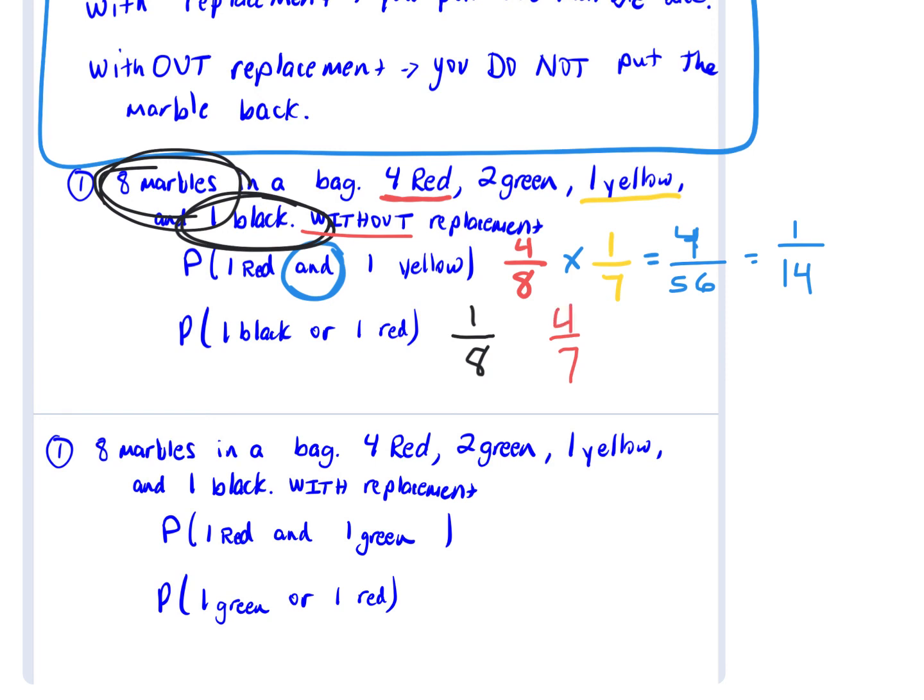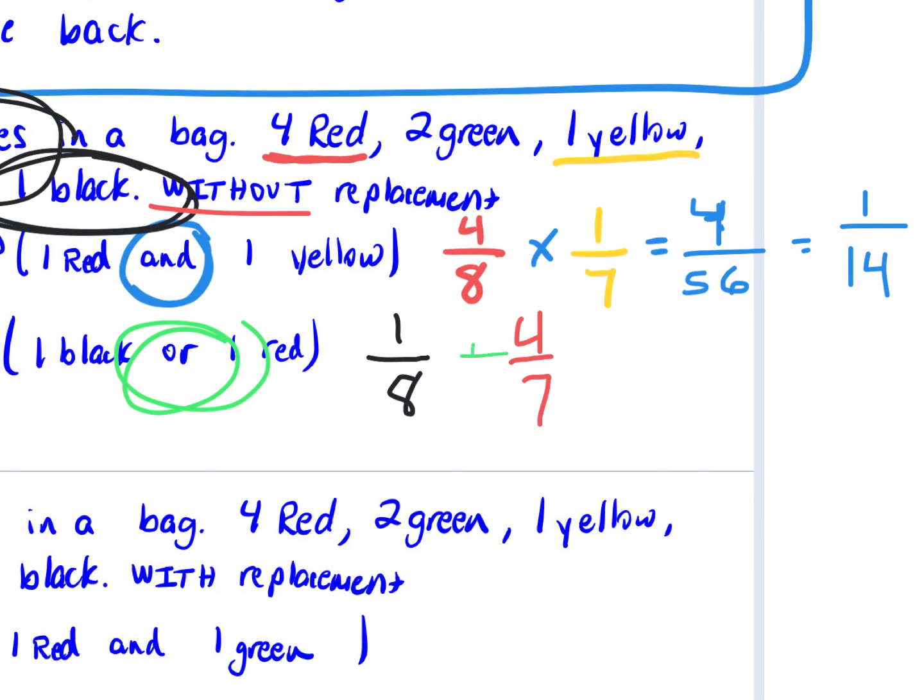Now our keyword is or, so does this mean we multiply or add? We add them. So when adding fractions, we need to make sure we have a common denominator.